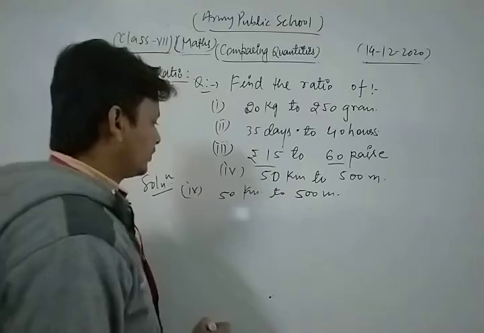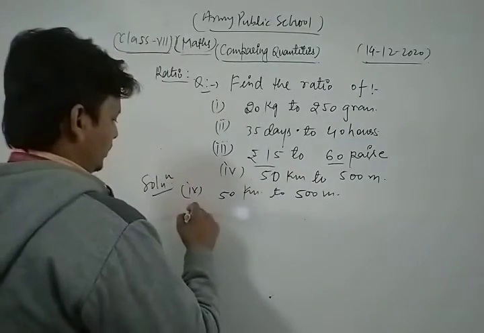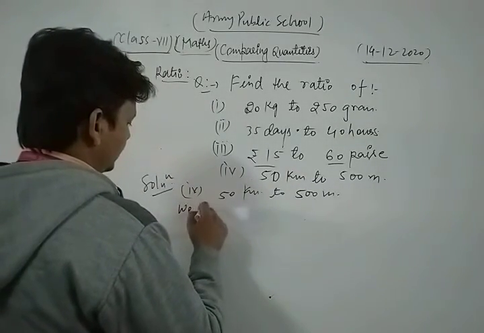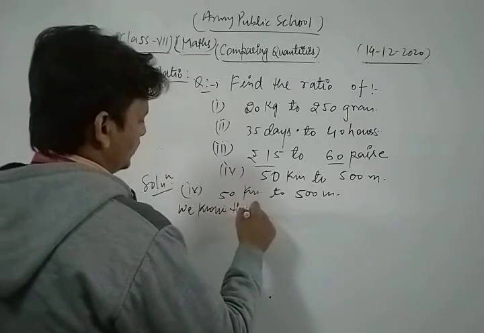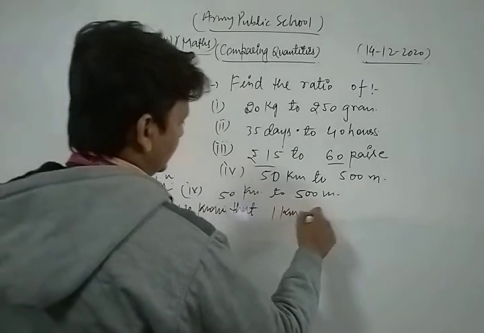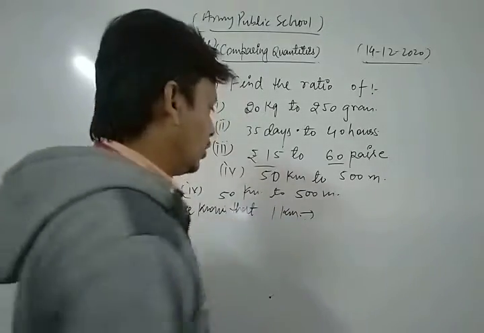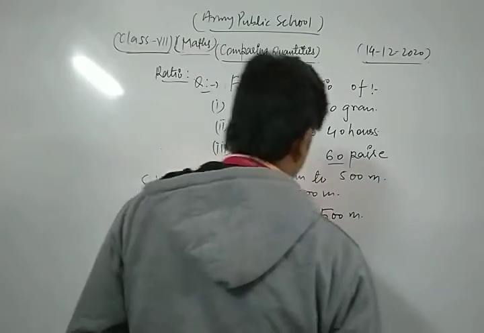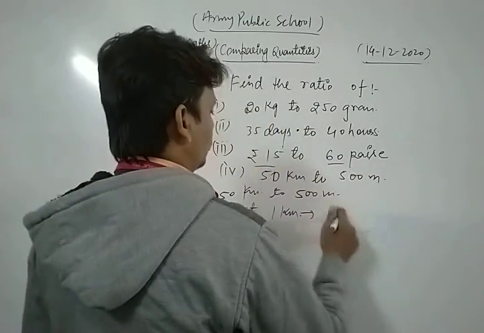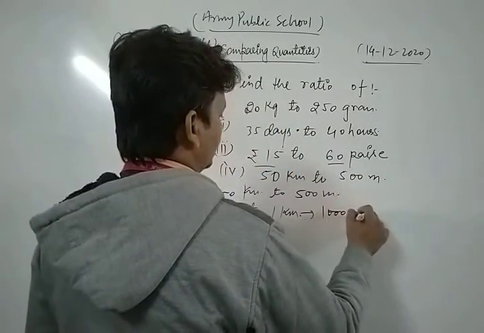Okay, let's see. So now we know that in 1 kilometer there are how many meters? Sorry, in 1 kilometer there are 1000 meters.